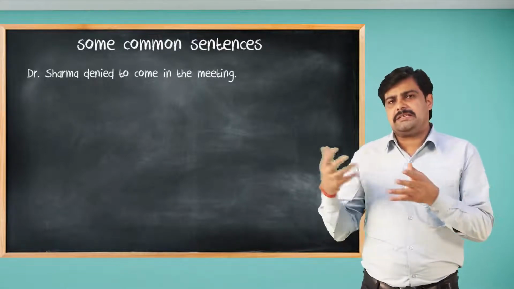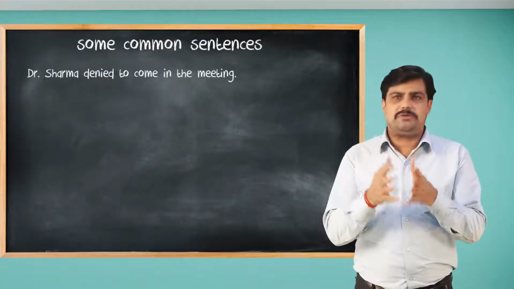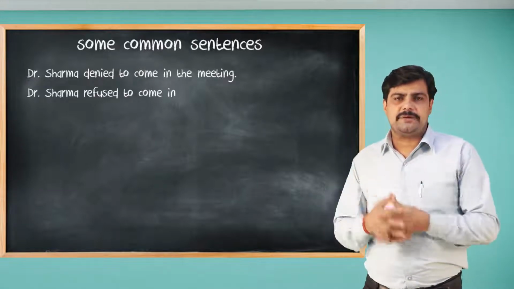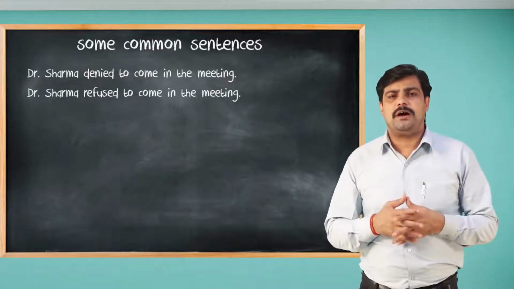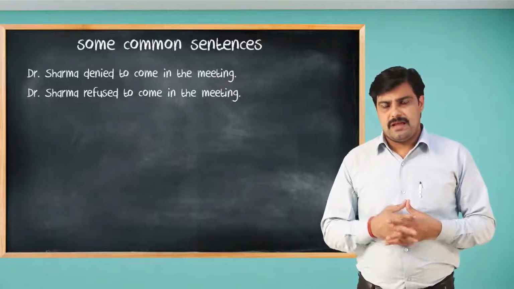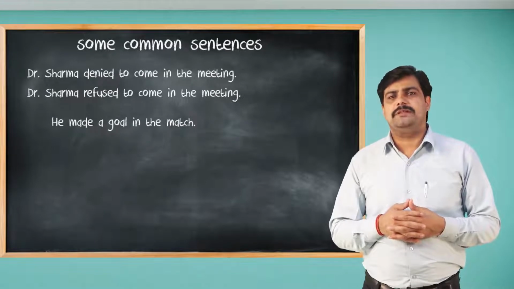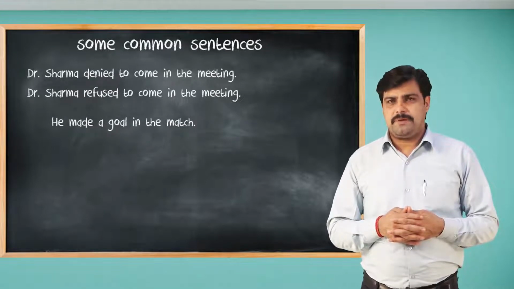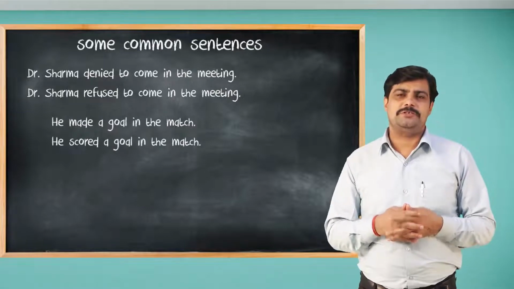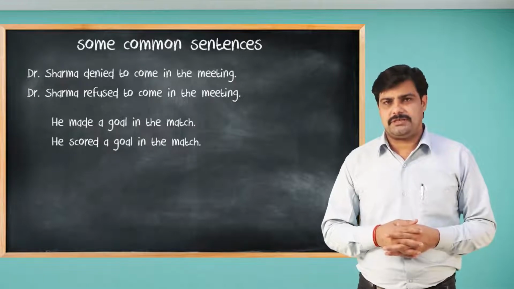Now deny is something different and it doesn't fit into that expression. So in order to convey the right expression, we should say, "Dr. Sharma refused to come in the meeting." Another sentence, you see, it is very important. "He made a goal in the match." Some people say like this, but it is wrong to use made for goal. We should say score. "He scored a goal in the match" is the right sentence.